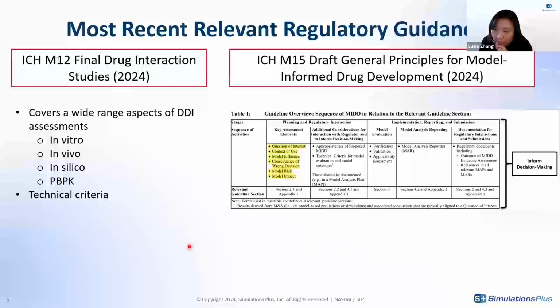While from modeling's perspective, these models become more complex, this guidance focuses more on general principles, like how to communicate, how to define, draft a model analysis plan, how to write a report, compared to the M12 guidance, which, in my opinion, has more technical components. So this is a more general principle guidance.